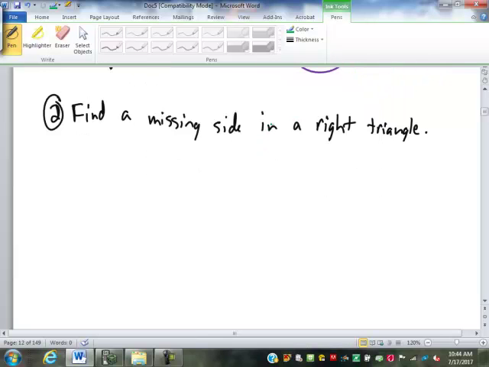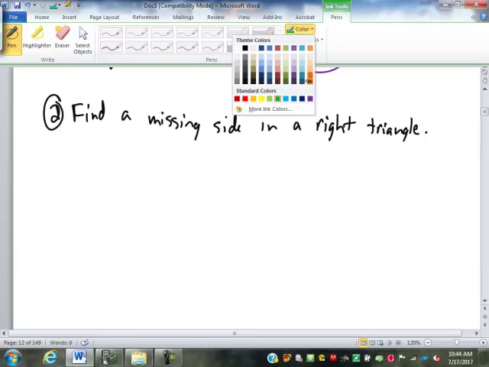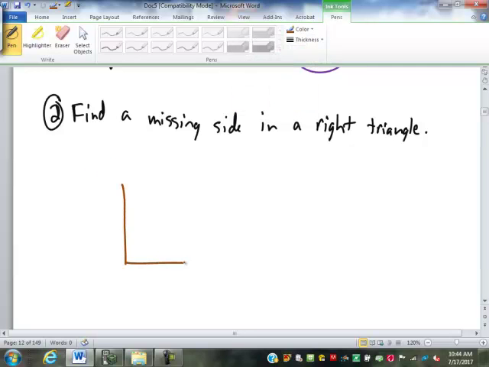For example, if I tell you that that's a right angle, and this is 7 inches and 24 inches, and we'll call that x.